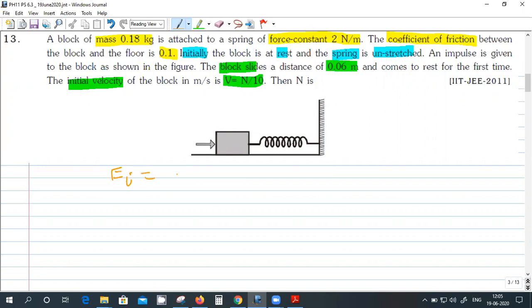So what is n? n is a number that you have to find out. It could be an integer question. So n could be an integer. We have to find velocity basically.